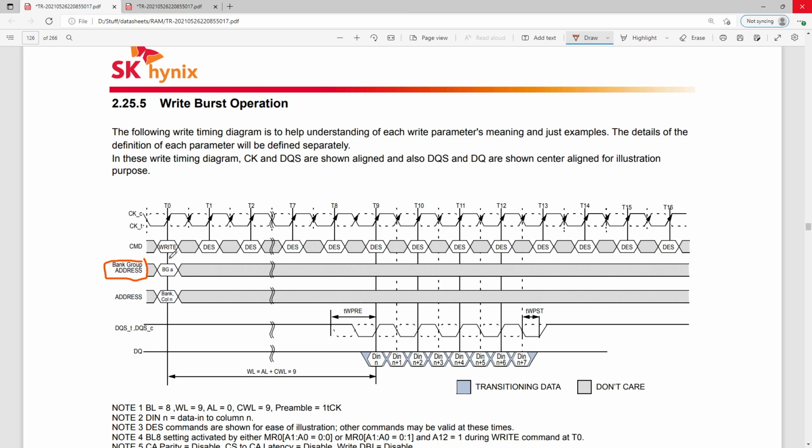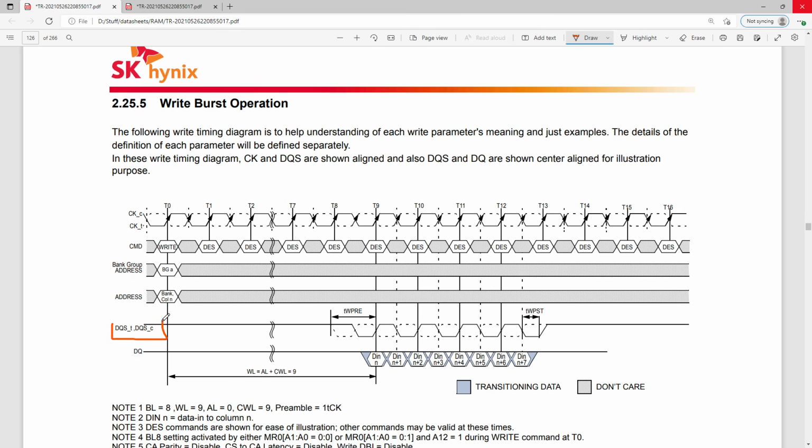It's used to tell the memory stick where we want to do whatever we want to do. Below that we have the address bus, which is the second part of where we want to do stuff in the memory. For the purposes of this video, we don't care about the address buses at all. We do kind of care about the command, but the address bus doesn't matter whatsoever.